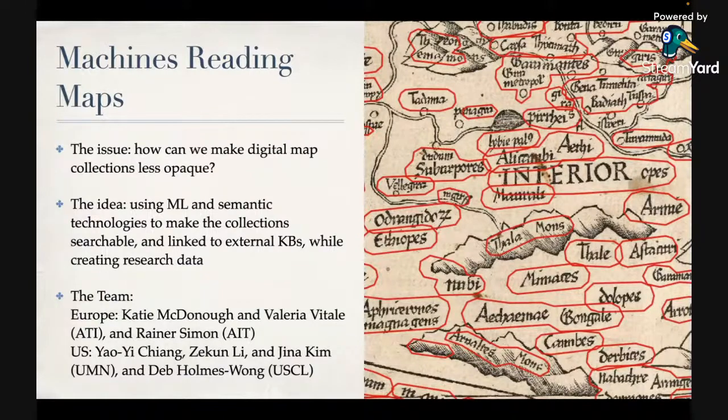And on the US side, we have Yao-Yi Chiang, a computer scientist who has really led the research on the application of computer vision on maps, and his PhD students, Zekun Li and Jina Kim, and Deborah Holmes-Wong at the University of Southern California Library, where Yao-Yi and his team are based at Minnesota University.